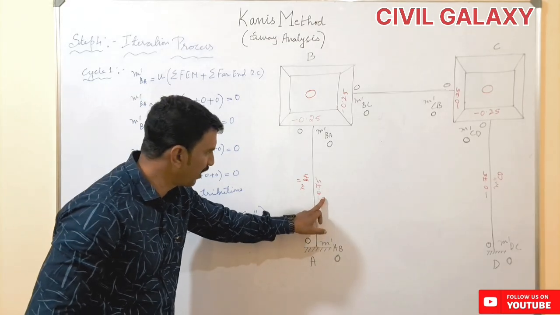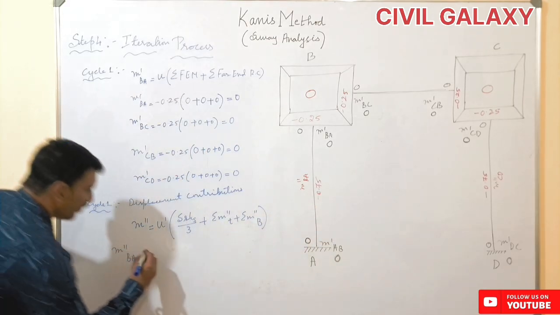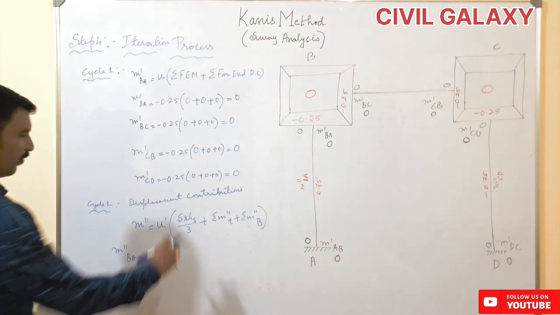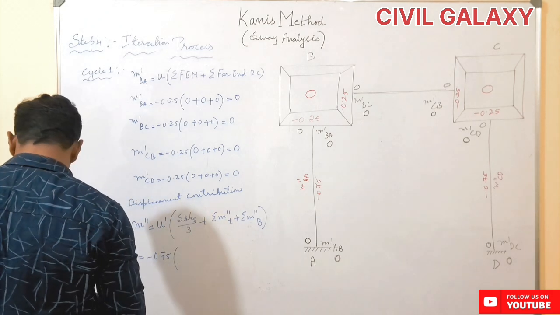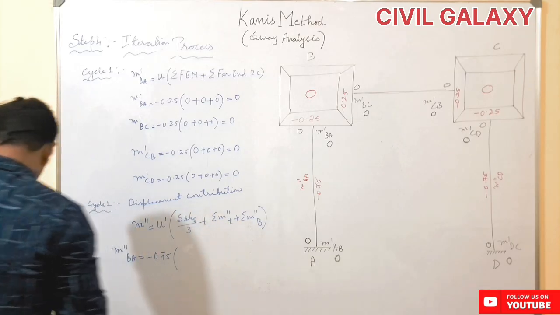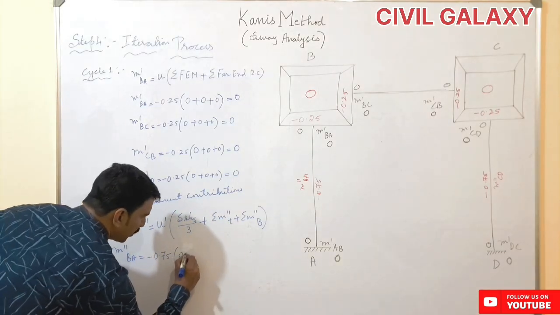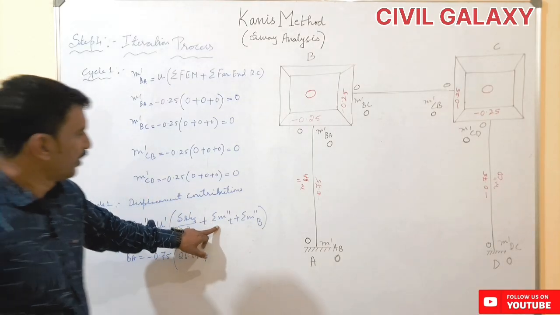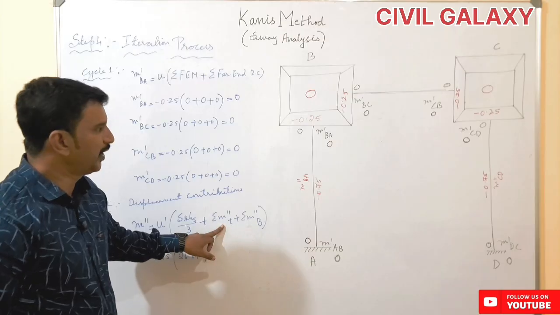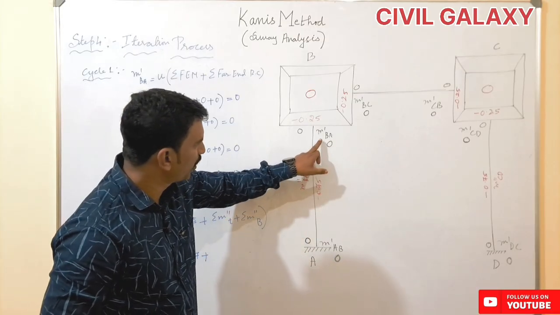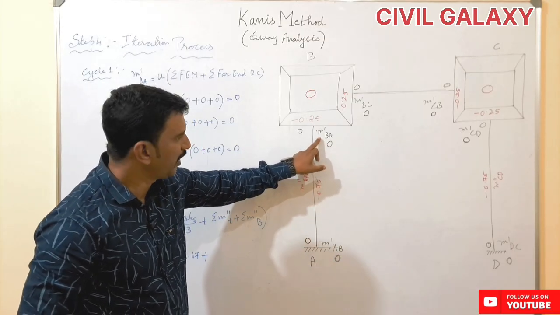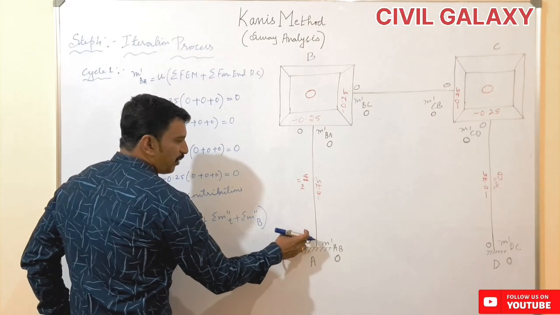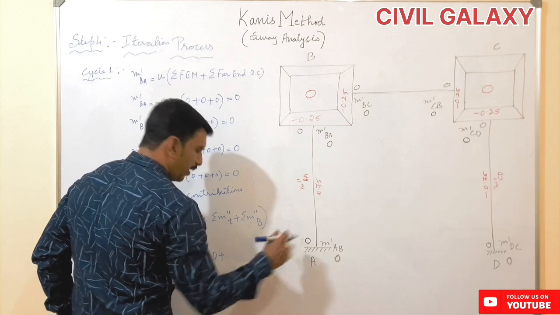The displacement factor we have got is m dash BA, which is minus 0.75, and the story height value we have got is 26.67, plus sigma m double dash top, that is the rotation contributions, which we have got as 0, plus the displacement contribution at the end, which will always remain 0.